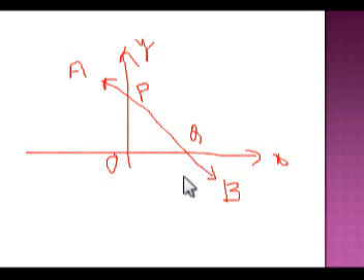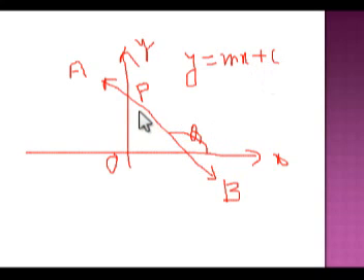Now we wish to formulate the equation of this line. So how will we use the general formula? We know that y is equal to mx plus c. M we can evaluate by using any given point.